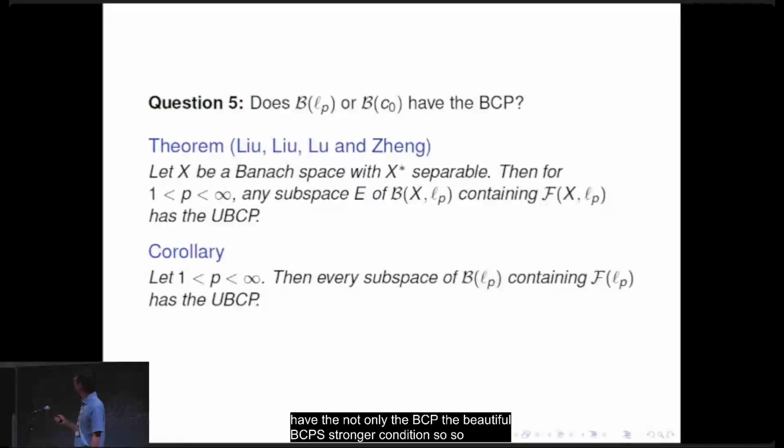So any Banach space with X star separable, and any subspace containing finite rank operators, would have the uniform BCP. As a corollary, every subspace of B(lp) containing the finite rank operators has the uniform ball covering property.